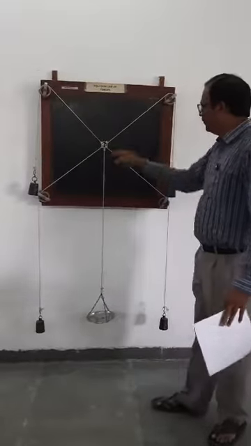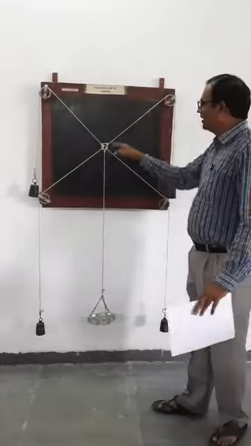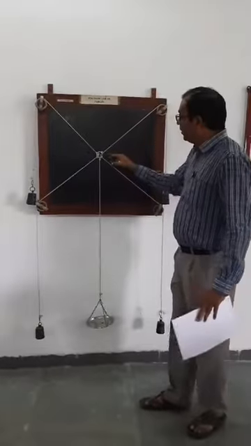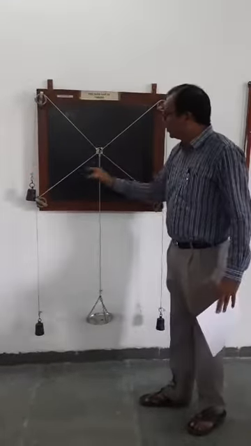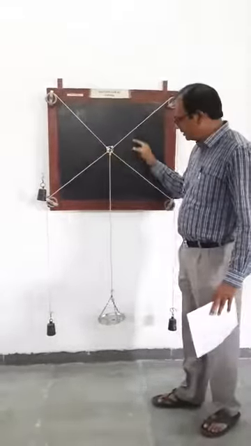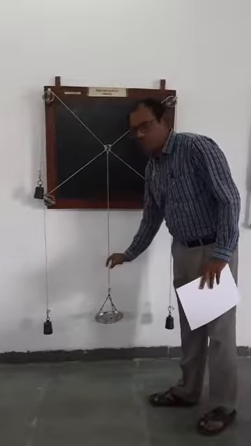There are 5 weights attached to the 5 strings, which is nothing but the force present in each string. 4 weights are fixed here and the 5th weight we can vary.